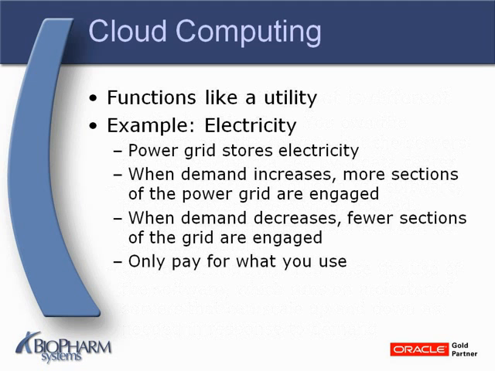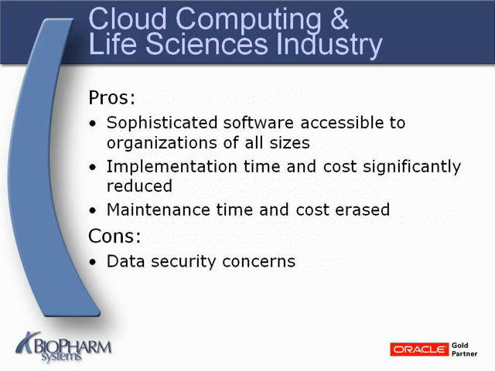And when demand decreases, such as in the middle of the night, fewer sections of the grid are engaged. So essentially, a user is only paying for the delivery of the amount of power they use and doesn't pay for the hardware that supports that delivery. So if they stop using that service, they stop paying for it, and they don't have any other liability or risk.